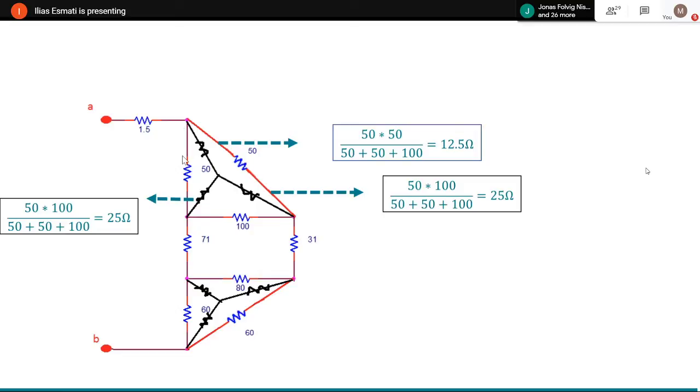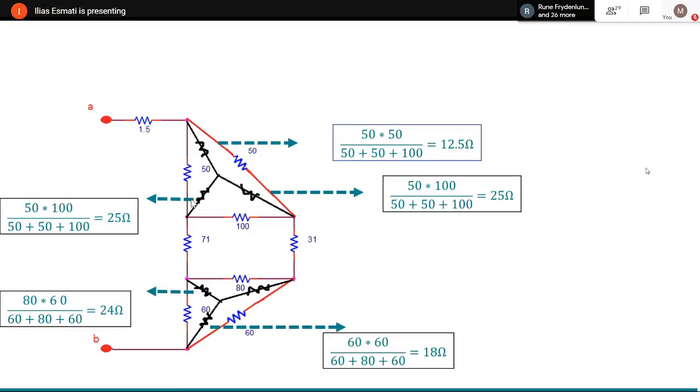So now I can go from a delta combination to a Y. Exactly the same thing I can do for the lower part. The result will be 24. You can compare this one. I will upload the PowerPoint on this learning when I'm done with this one. So you can also go back to the previous slide, and you can compare it with the relationship.